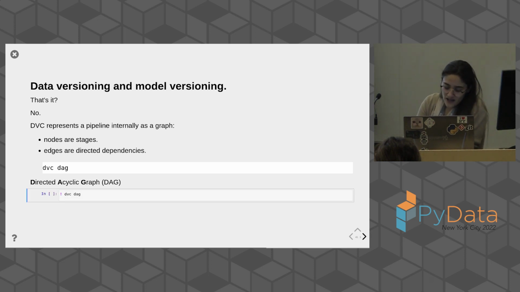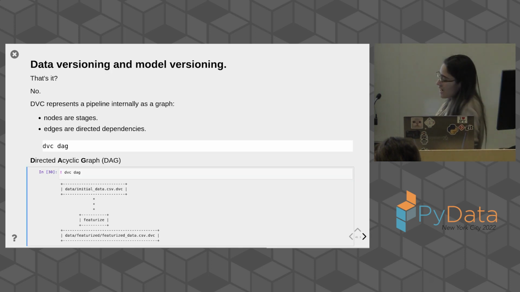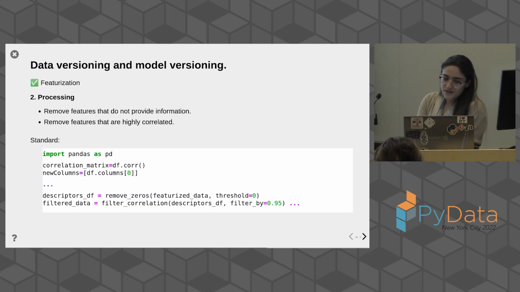For instance, I already started with an initial data, and I'm going through the featurize stage, and the featurize stage will give me an output file that is also under DVC version control.